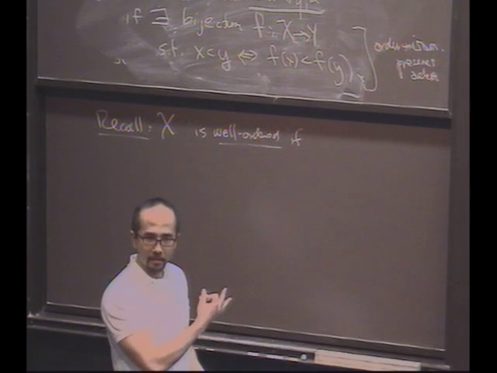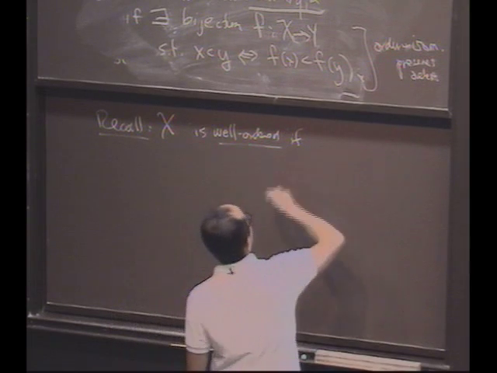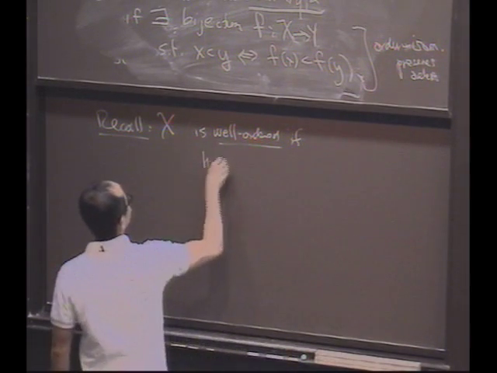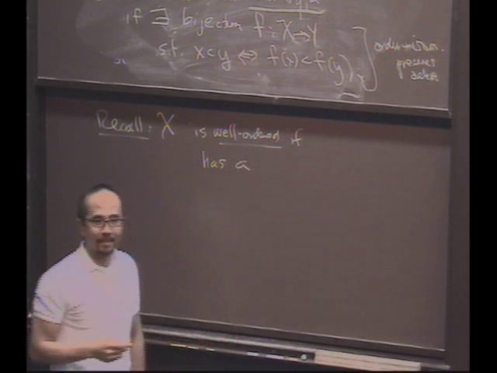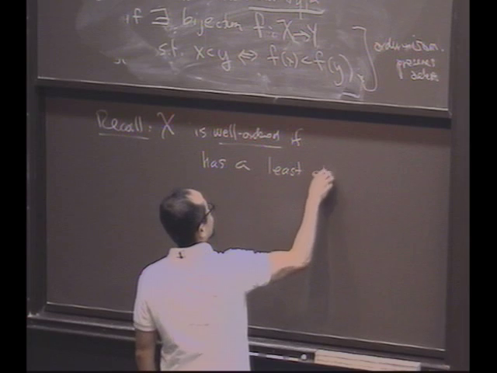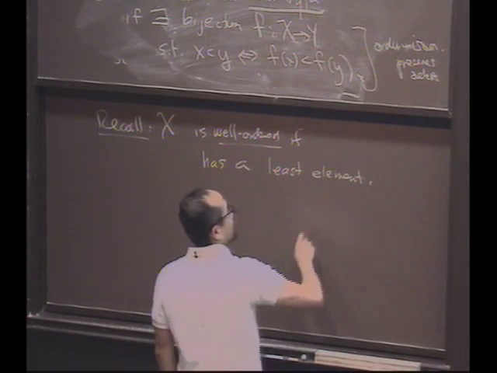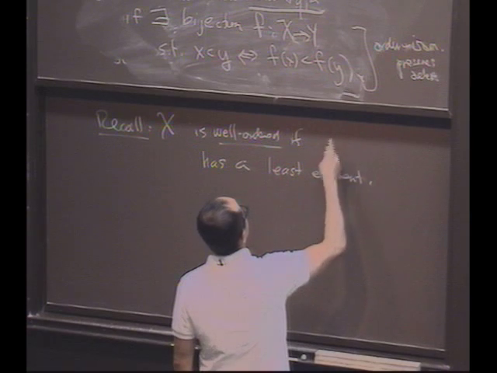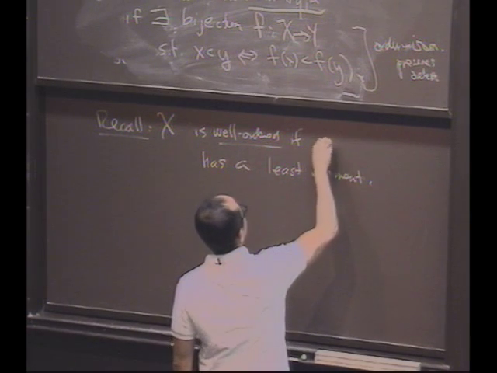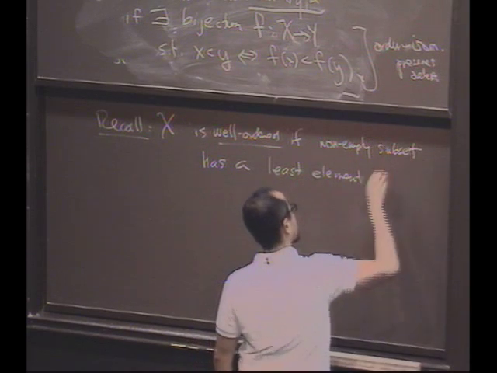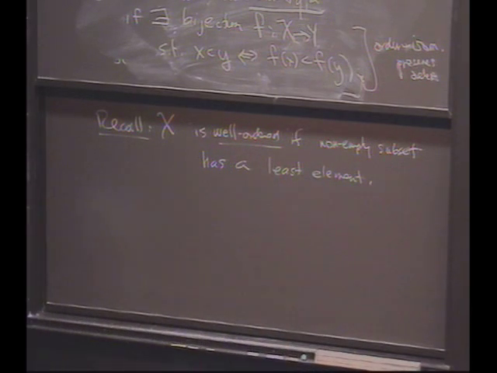Did we define this earlier, well ordering? If every has a least element, if every subset has a least element, or every non-empty subset has a least element. Okay, that's what it means to be well ordered.